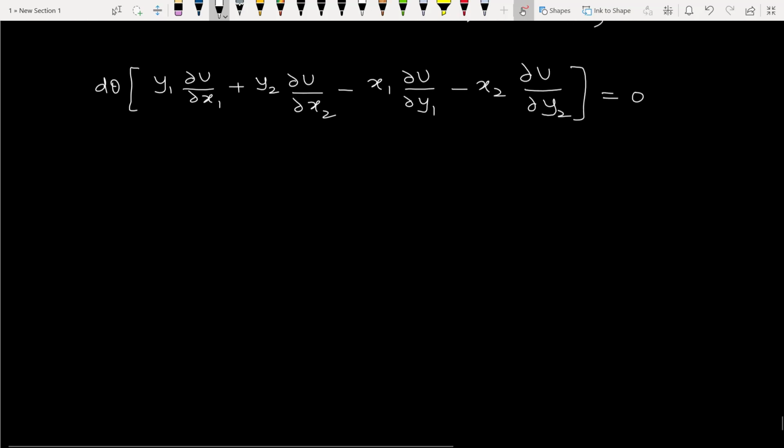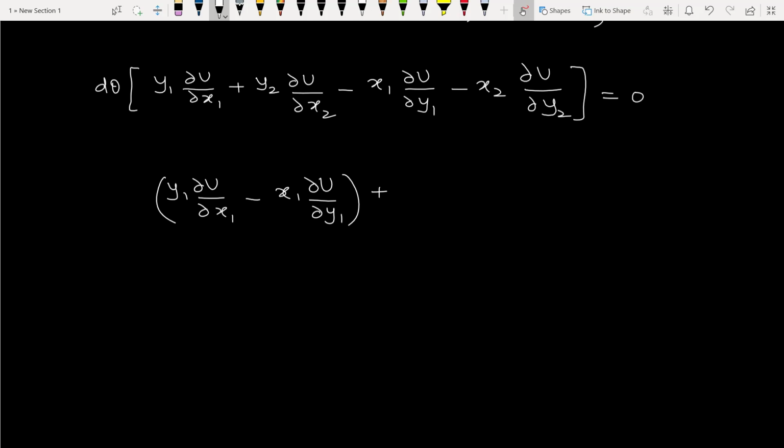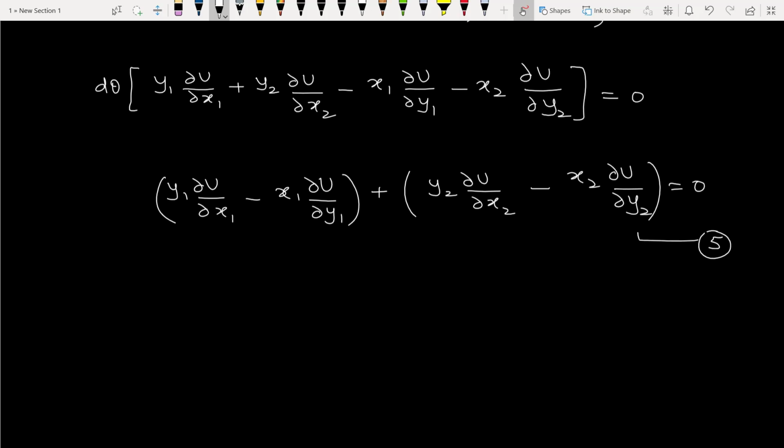So we can write it like this: y1 curly U by curly x1 minus x1 curly U by curly y1 plus y2 curly U by curly x2 minus x2 curly U by curly y2, it is equal to 0, and we mark this as equation number 5.